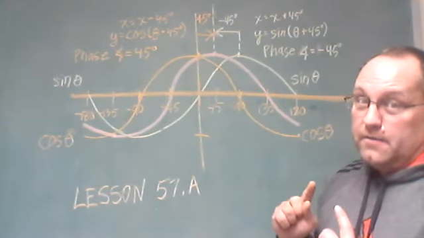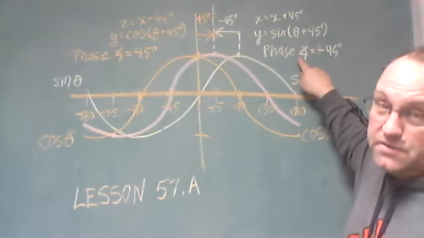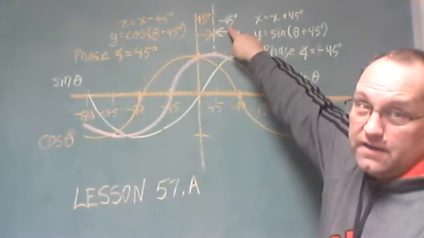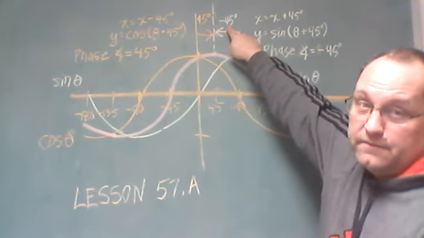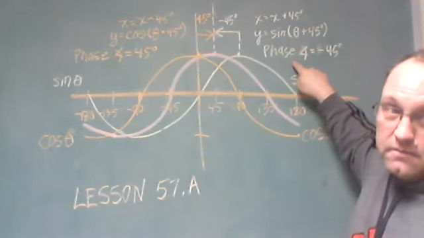Now, the book says the phase angle, just keep this straight, the phase angle is the amount we've shifted. However much we've shifted the function, 45 degrees to the left, that is also the phase angle.